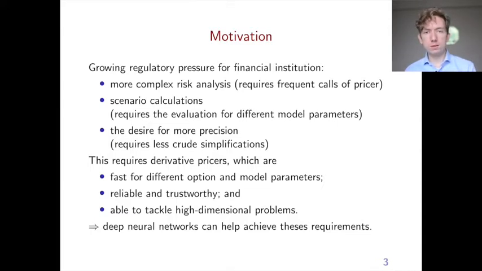They require the use of scenario calculations, which needs the use of different model parameters, and they demand a higher precision, which excludes crude simplifications that were once acceptable. This means that we need derivative pricers which are fast for a whole range of parameters, reliable, and able to tackle high-dimensional problems. And in this talk I will show how deep neural networks can help us to meet these requirements.